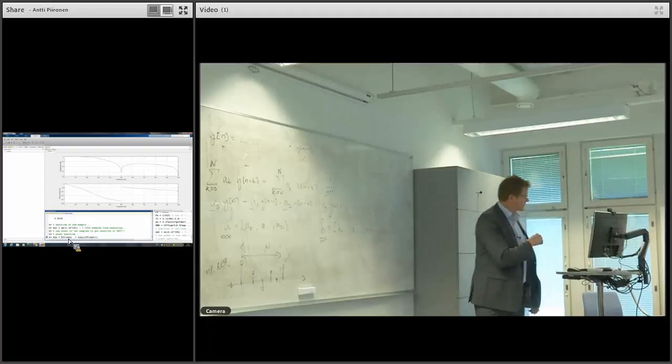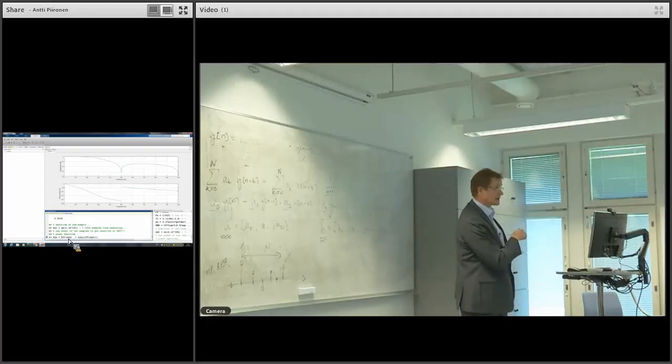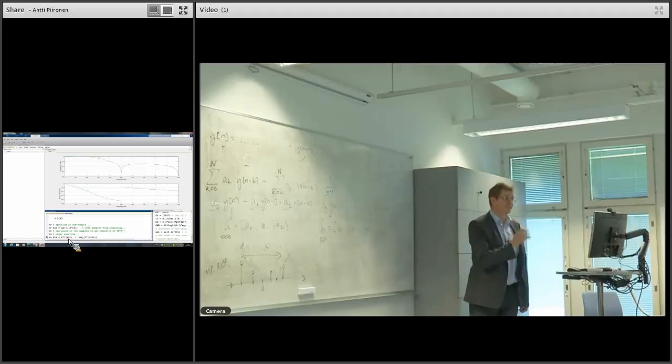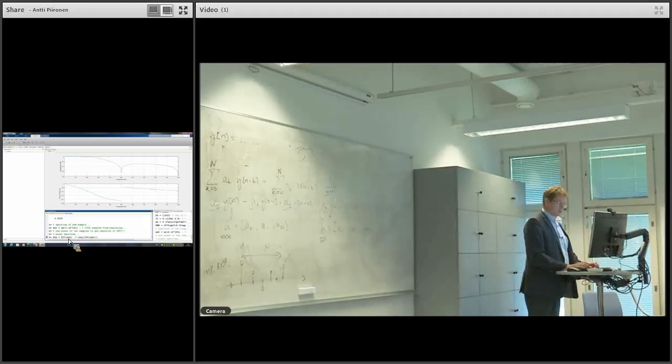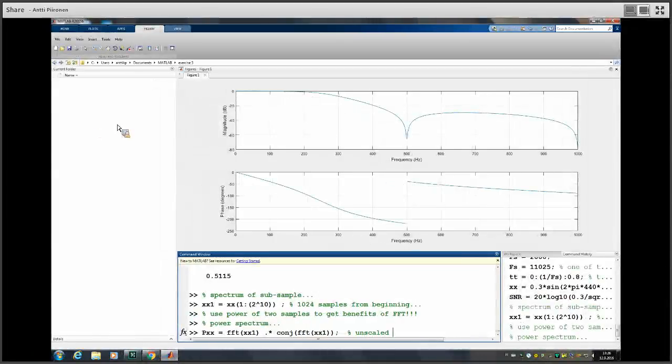Good luck with the calibration with these sound cards of the computer. Okay, this is the unscaled power spectrum.